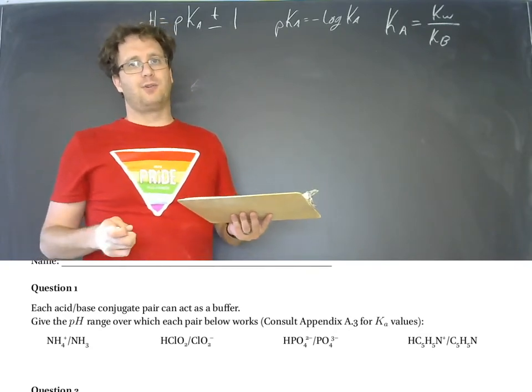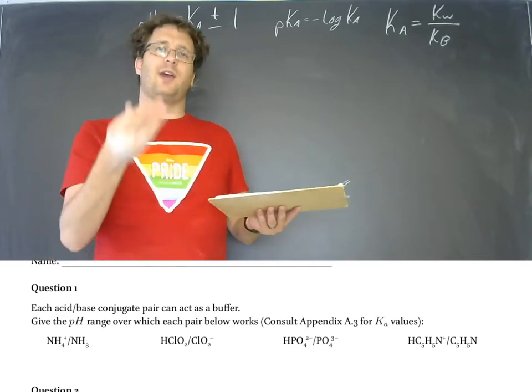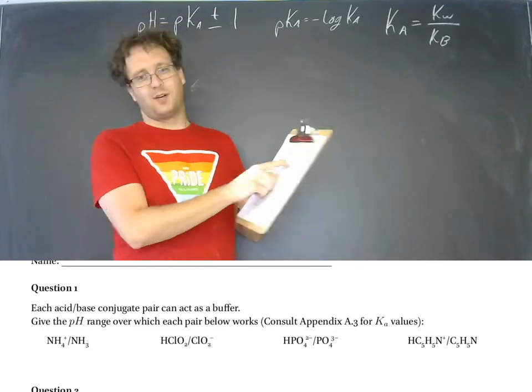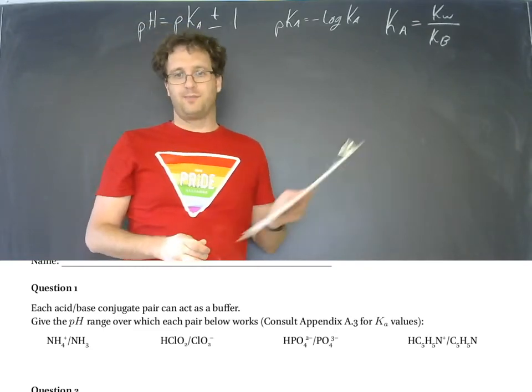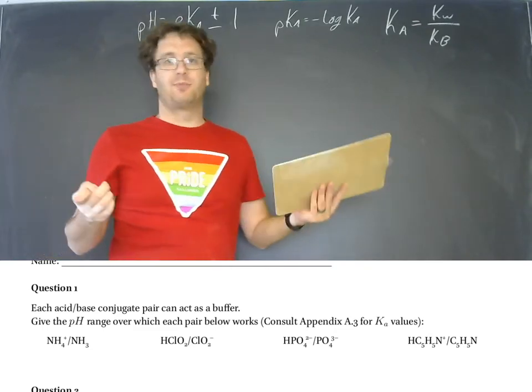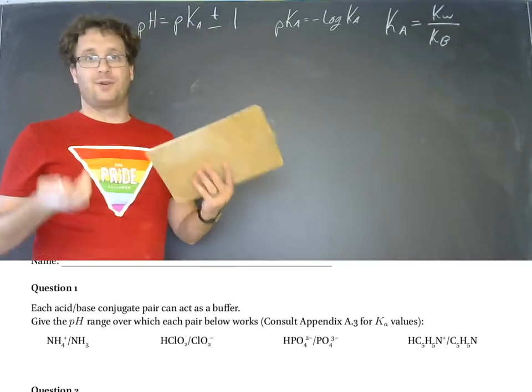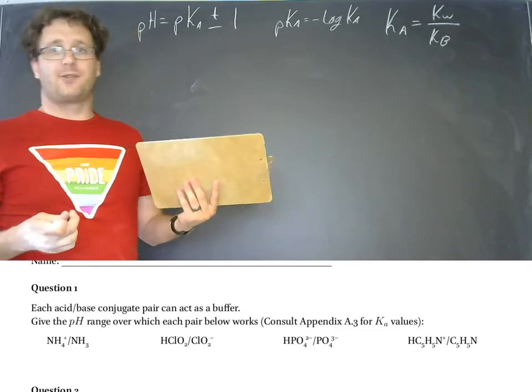And so you'll find phosphoric acid, it'll give you Ka1, Ka2, and Ka3, so that's the third one here. Anyway, that was surprisingly complex, but hopefully you can navigate appendix A3 appropriately now.